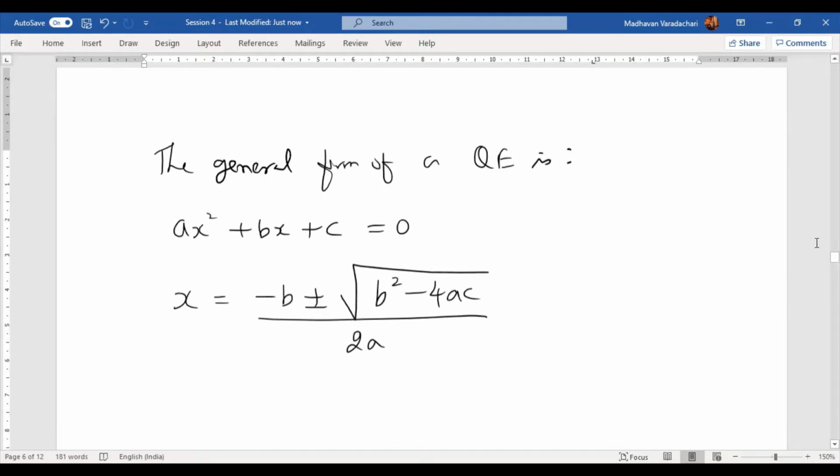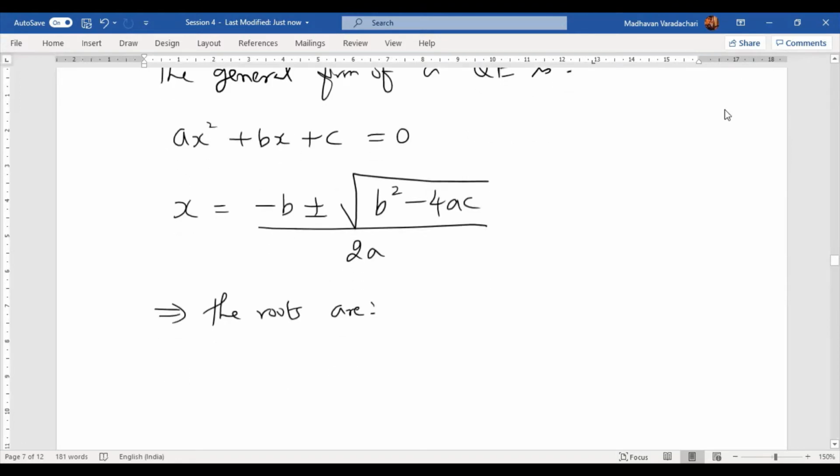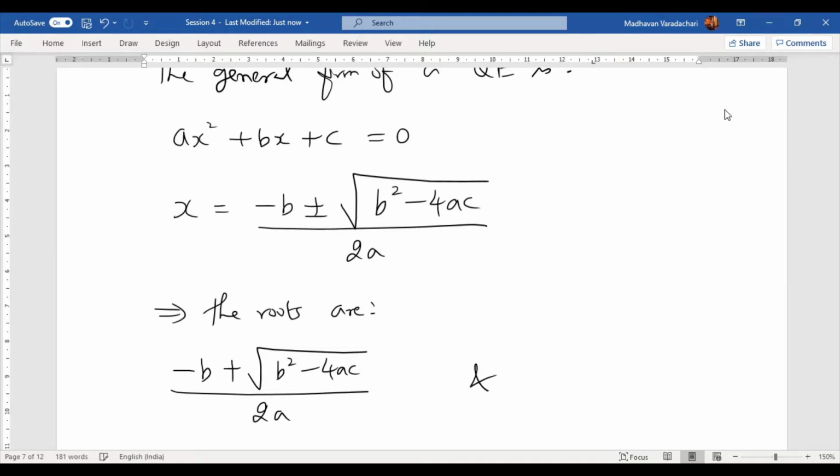That means the roots, meaning solutions, are: one is minus b plus square root of b square minus 4ac by 2a, and the other one is minus b minus root of b square minus 4ac by 2a.